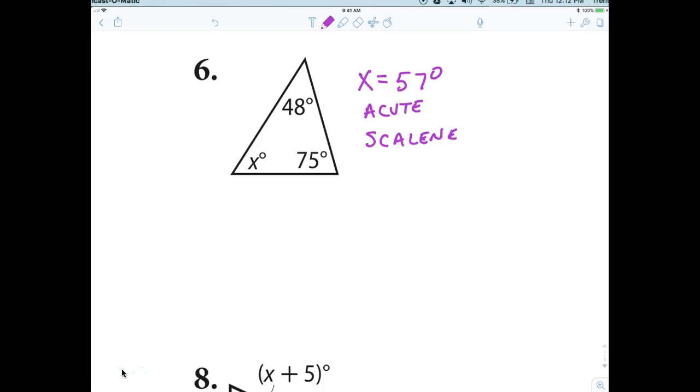Okay, so how we're getting the missing angle, Julian, is you add these two angles up. What does that add up to? Just take your calculator out and add it.